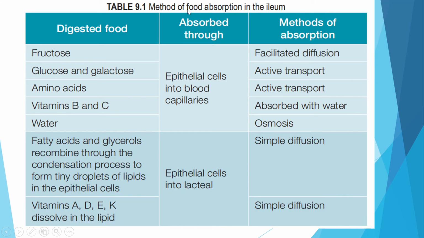So over here, the method of food absorption in the ileum: the end products of carbohydrates, the monosaccharides, the end products of protein, and vitamin B and C, which are water soluble, isn't it? Together with water, all these will be absorbed through the epithelial cells into the blood capillaries.